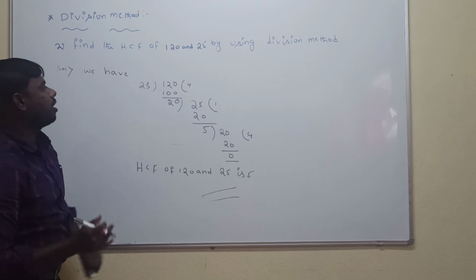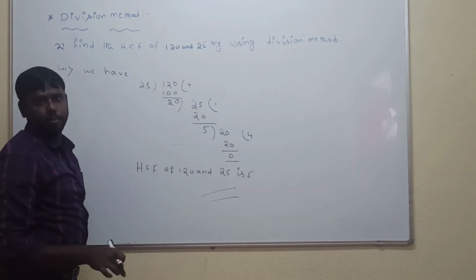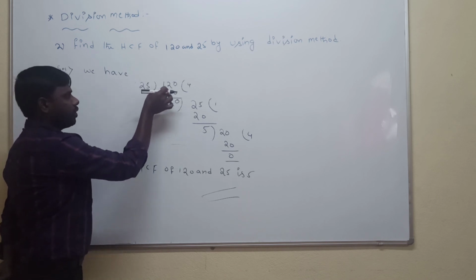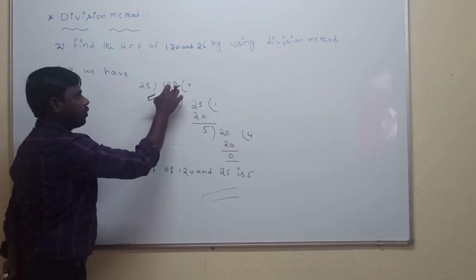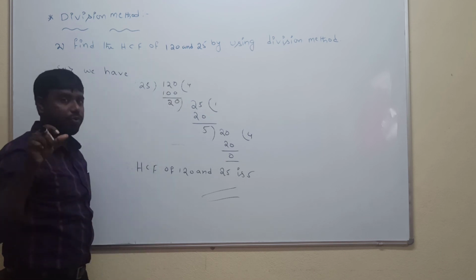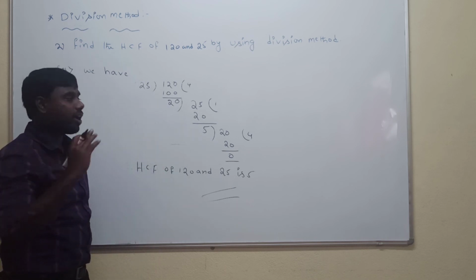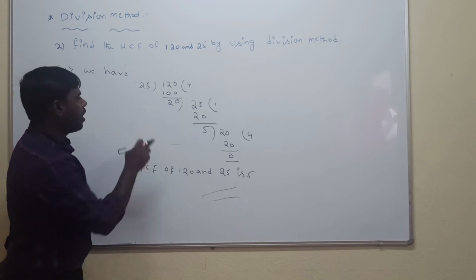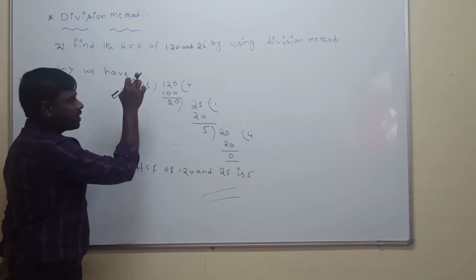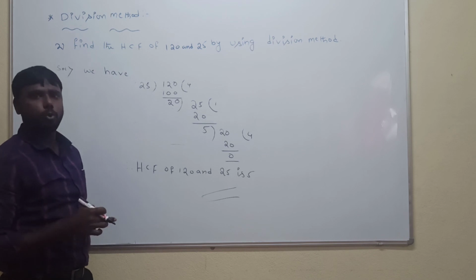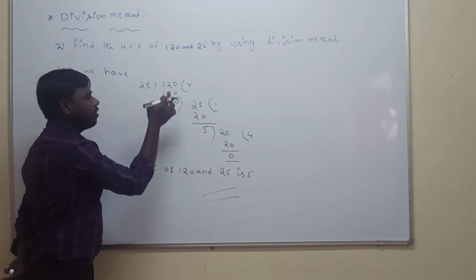So once again, the largest number is divided by the smallest number of the given numbers. Now we are using the division method. 25 4s are 100. So 120 minus 100 is 20. We want the remainder to be 0, but here we are not getting 0. That's why we again use the division method. Observing these two, which is the largest number? 25 is the largest number. Which is the smallest number? 20 is the smallest number. Here also we divide the first divisor by the first remainder.